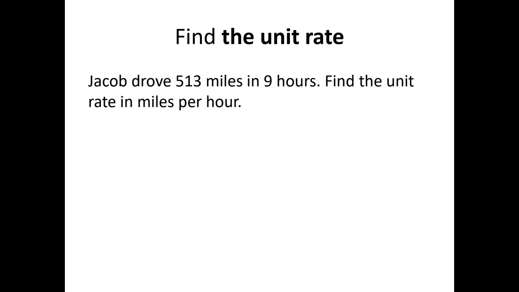Now, find the unit rate in miles per hour. Well, this is going to give you a clue. Per hour means 1 hour. Per and in are representing our fraction bar. Okay?